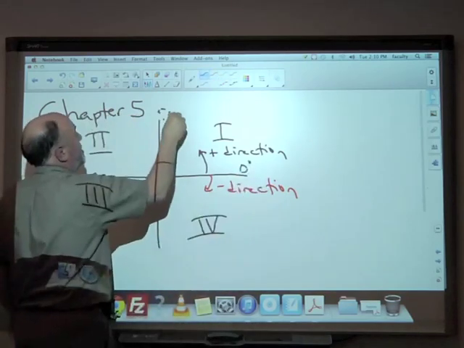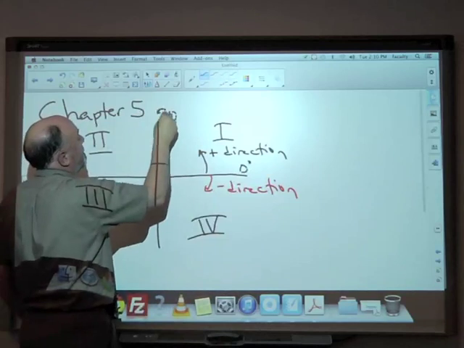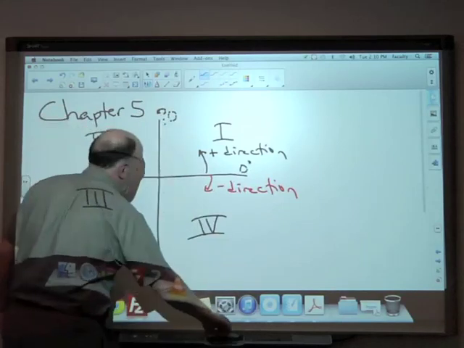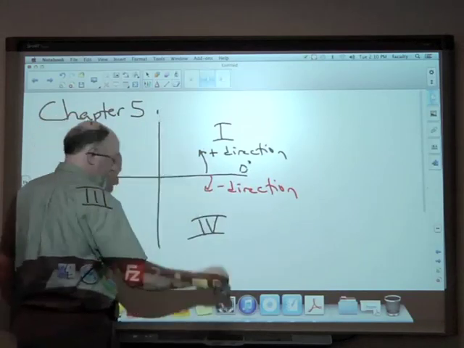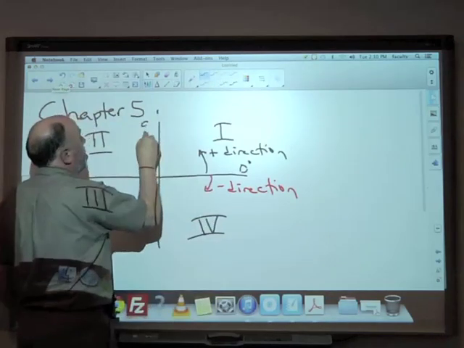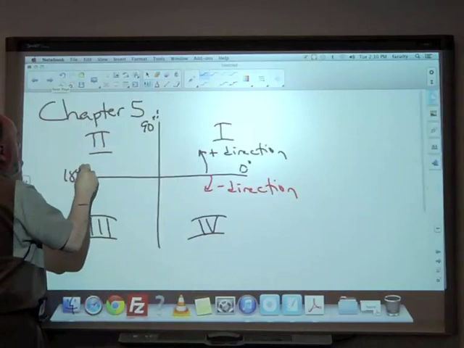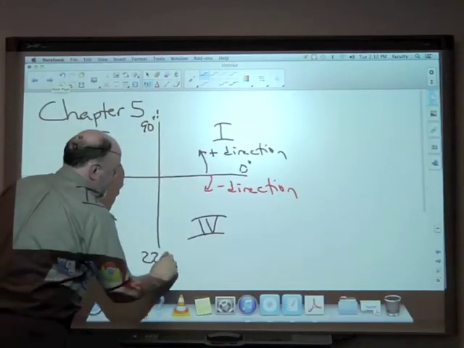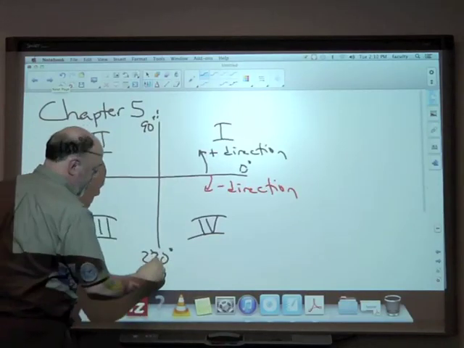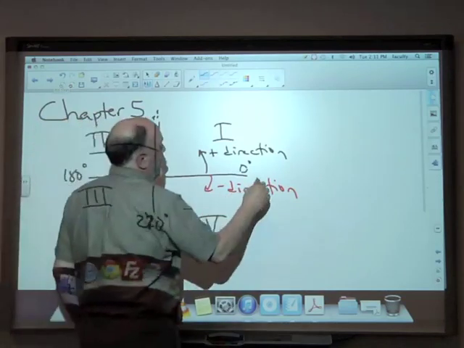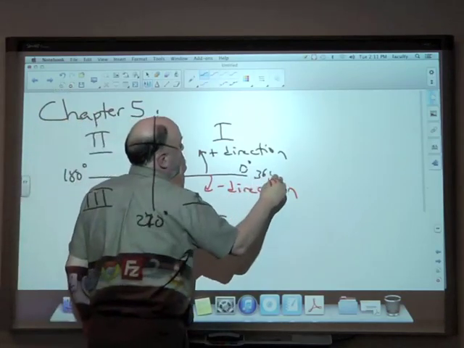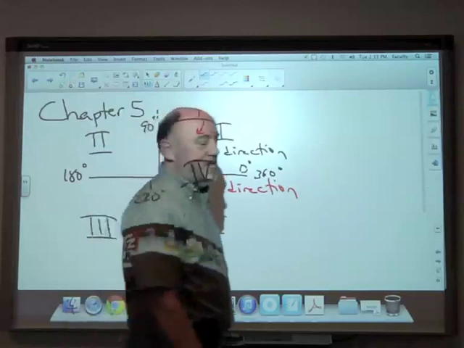This will be 90. This is 180. This is 270. And then all the way around is 360 degrees.